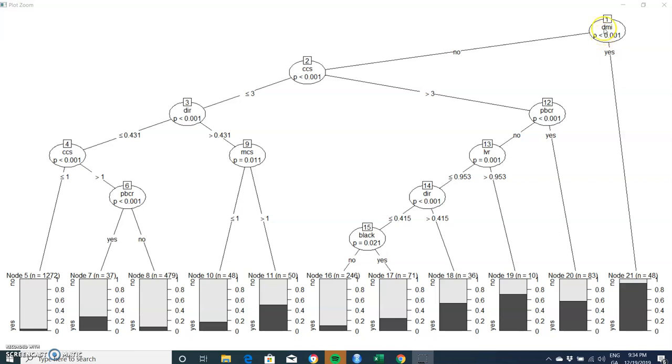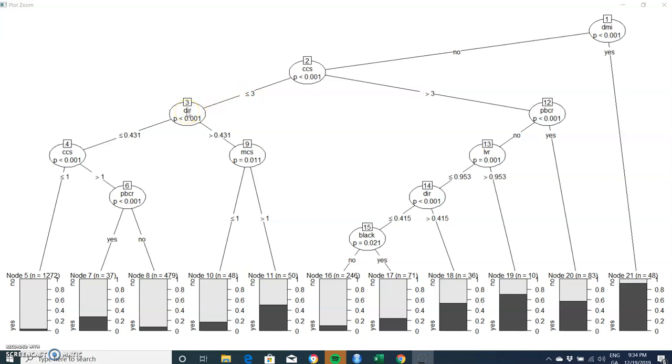If mortgage insurance was denied, so in other words, yes, then the vast bulk here, but only 48, their mortgage was rejected. If the mortgage insurance was not denied, so no, and the credit score was less than 3, so the consumer credit score ranged from 1 to 6, and less than 3 would have been relatively benign, perhaps.